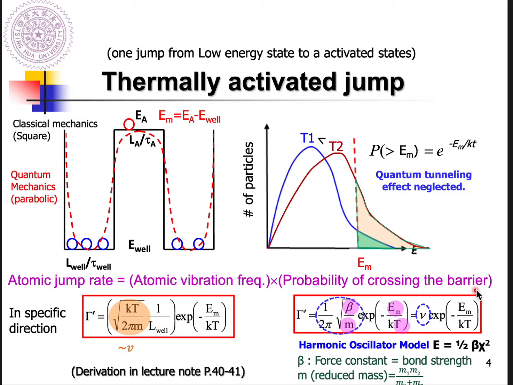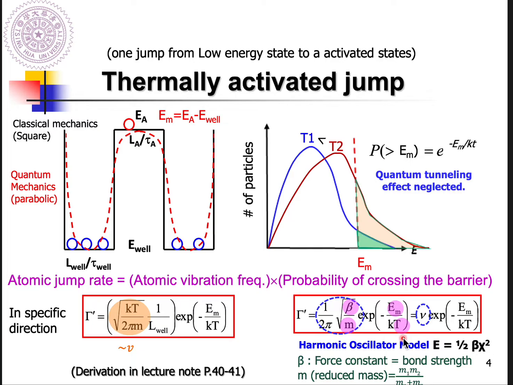crossing the barrier, right? So the simulation based on quantum mechanics tells us that the atomic jump rate in a specific direction, gamma prime, will equal the atomic vibration frequency, which you derive from harmonic oscillation models, times the exponential probability term.